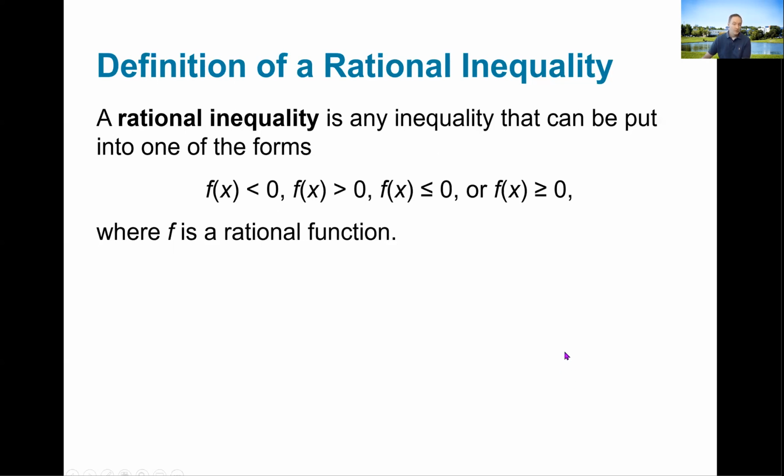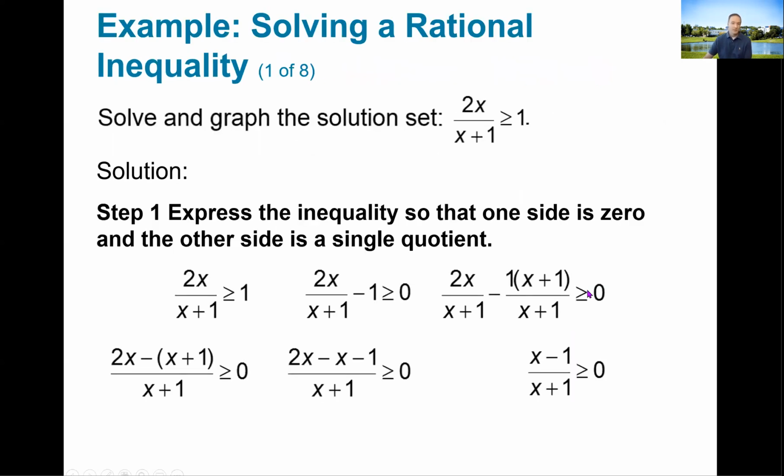So our boundary points, where our function changes from a solution region to a non-solution region, occur at the x-intercepts, which is where the numerator is equal to 0, or the vertical asymptotes, which is where the denominator is equal to 0. But it's the same solution techniques that we had before.